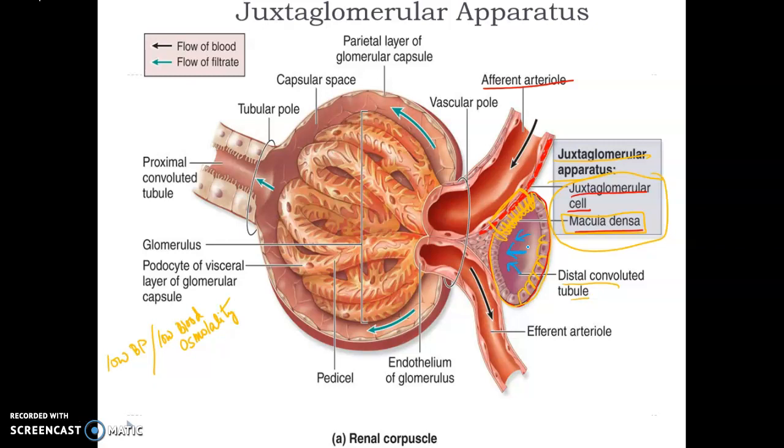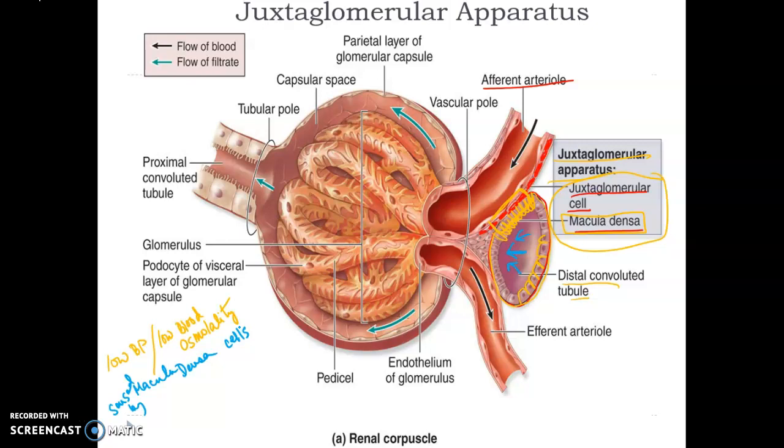Again, if the blood osmolarity is low, those things are sensed by the macula densa cells. So the macula densa cells know that there is low BP or low blood osmolality, and the macula densa cells think, I got to do something.